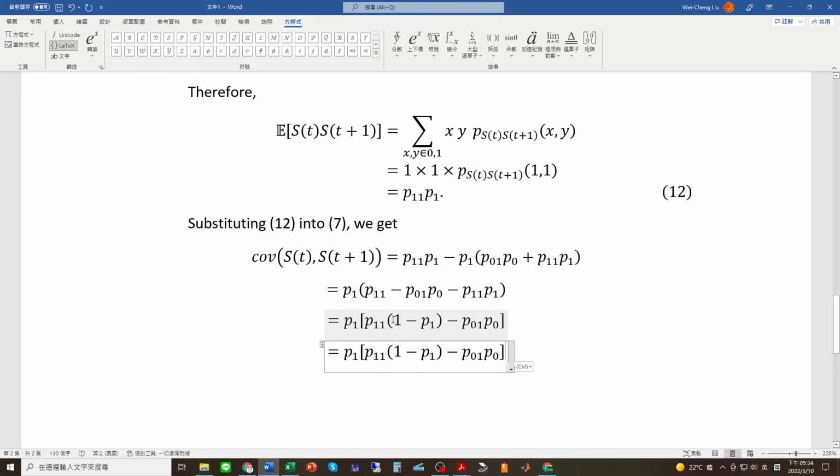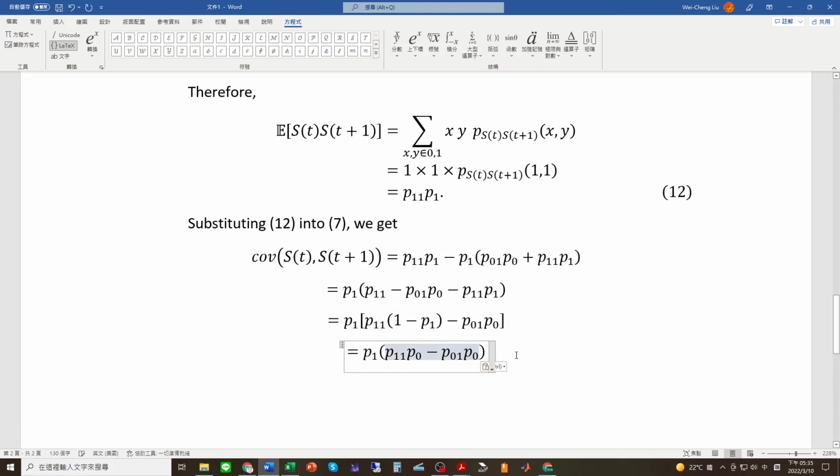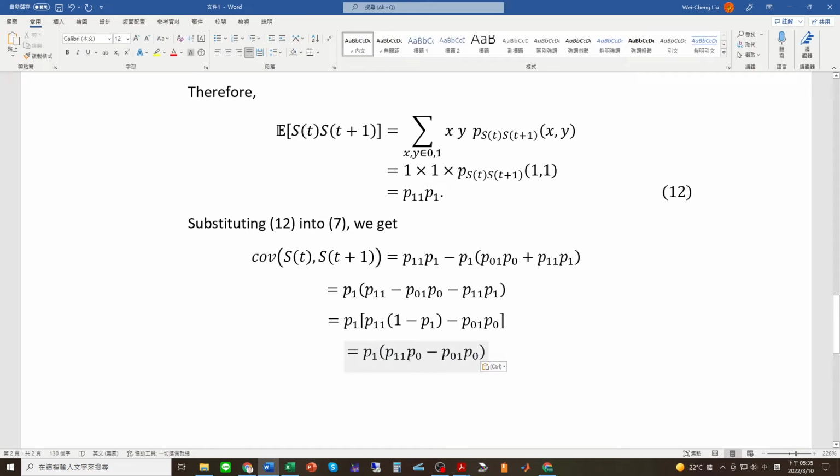Please note that 1 minus P1 is equal to P0. So we have another common term P0 and P0, so we can move it out of the parentheses.